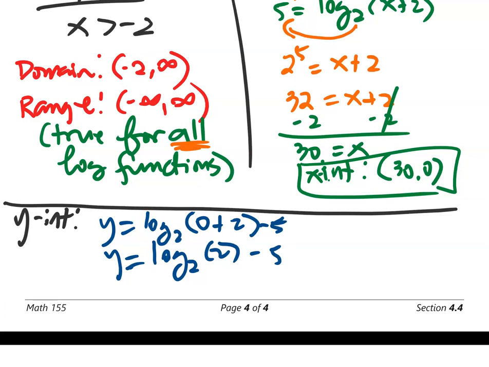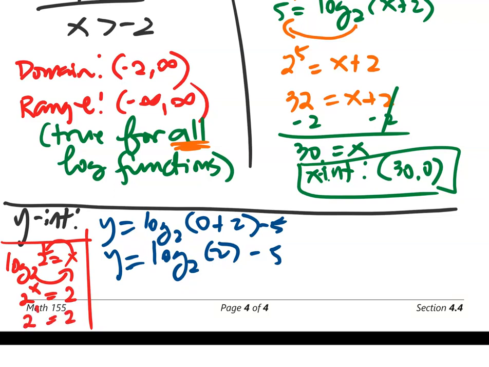And recall log base 2 of 2: 2 raised to x is equal to 2. What is that exponent, so that it's equal to 2? 2 raised to 1 is equal to 2.